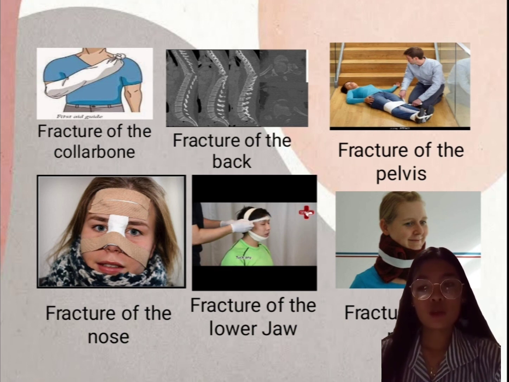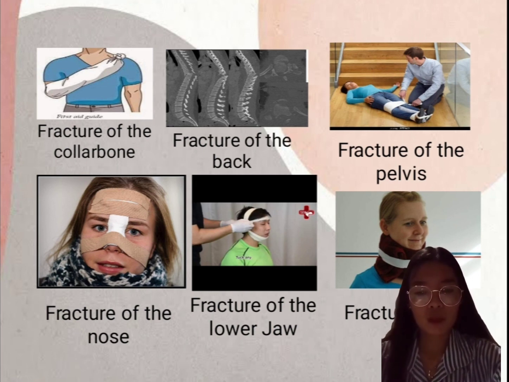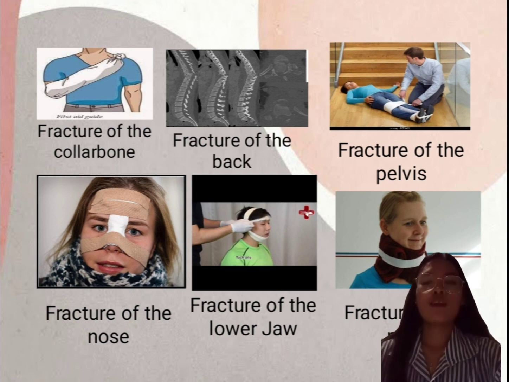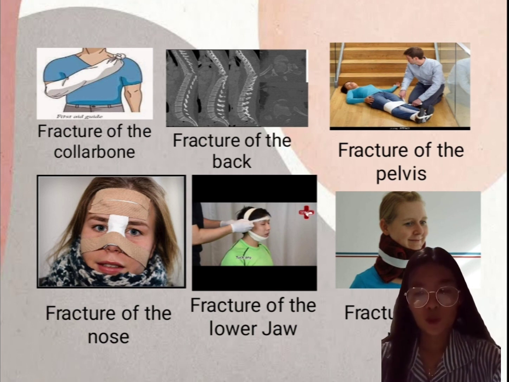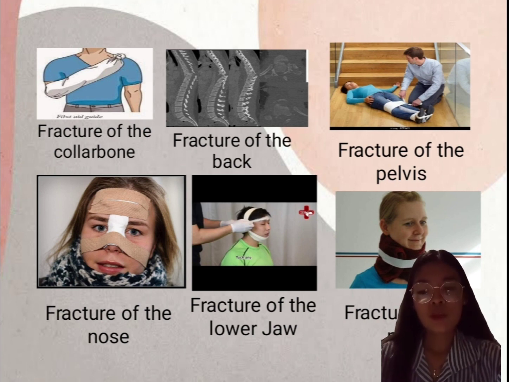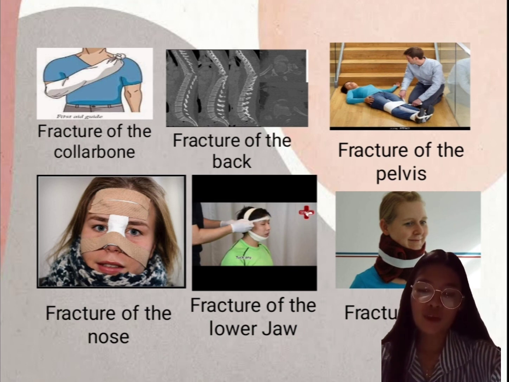To treat the fractured area in the collarbone, apply a rolled bandage under the armpit to raise the shoulder slightly. Support arm with a sling. Tie the arm snugly to the side of the body with a cravat bandage.